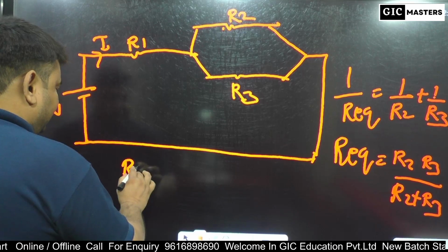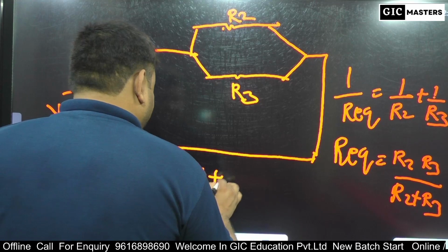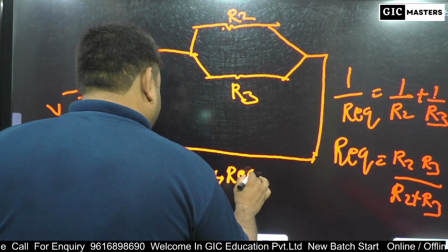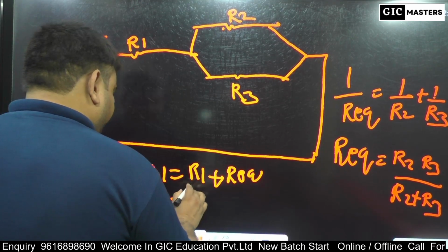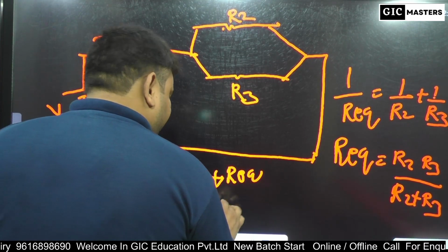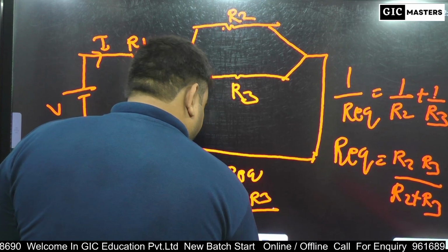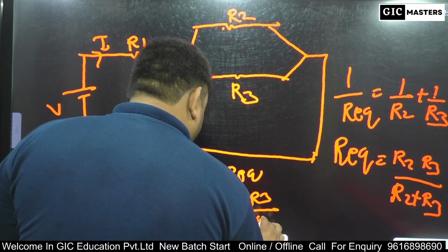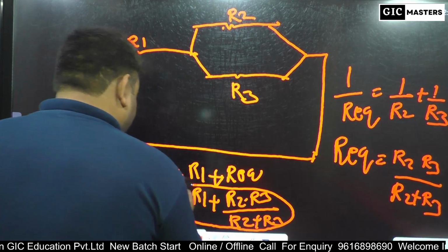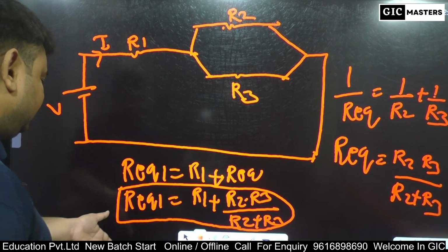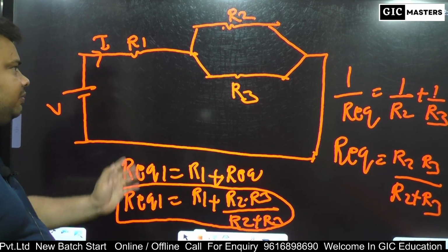So R equivalent 1 equals R1 plus R equivalent. So R equivalent 1 equals R1 plus R2 R3 upon R2 plus R3. This is the final calculation of resistance when series parallel combinations are possible.